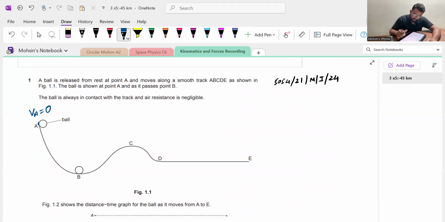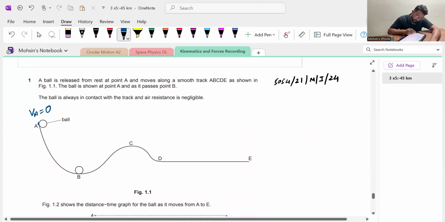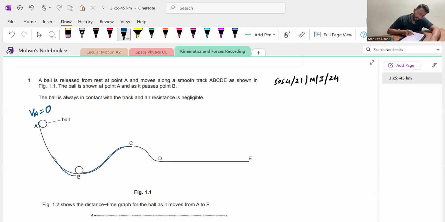Now as it goes down, the speed will increase. Then again it goes up, the speed will decrease. And then it goes down, the speed will increase. When it goes up, the speed again decreases, and at this point the speed is very low. Now again it will increase from this point.